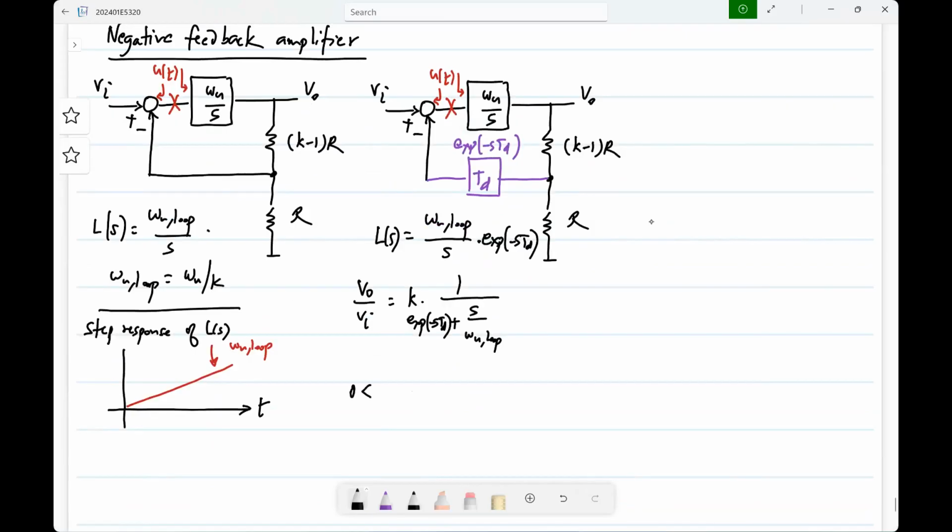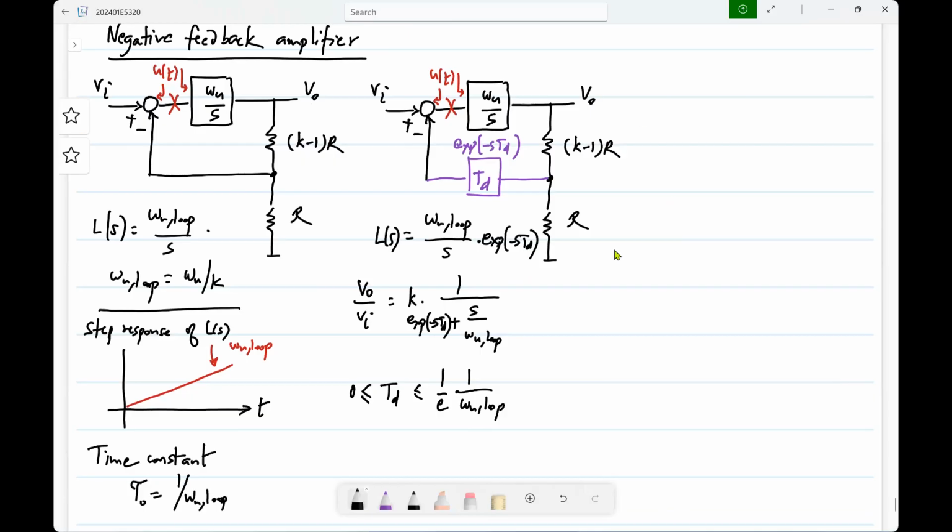In this case, it turns out that the closed loop step response, yesterday I had written it in different terms, but it's the same. The time constant tau 0 is 1 by omega u loop. So everything, delay and so on, is normalized to that.